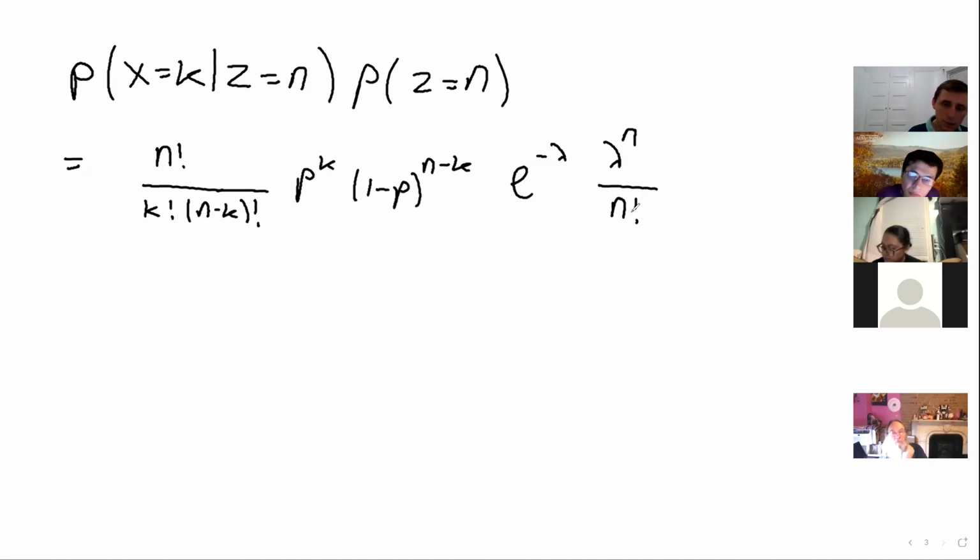So far, good? Now, what can I do with this lambda? The trick is I can write lambda to the n as lambda to the power of k times lambda to the power of n minus k.